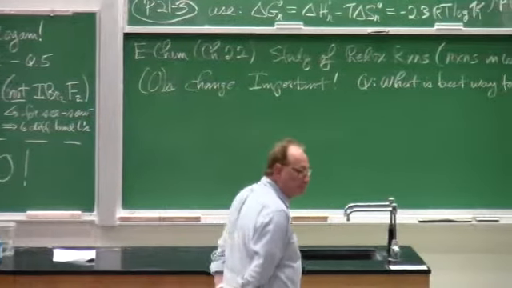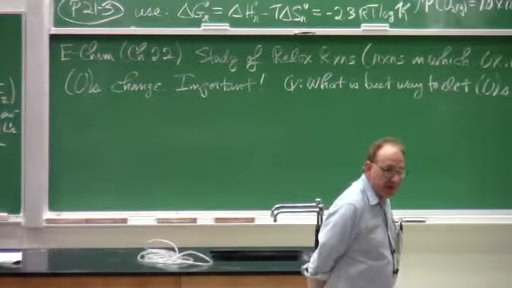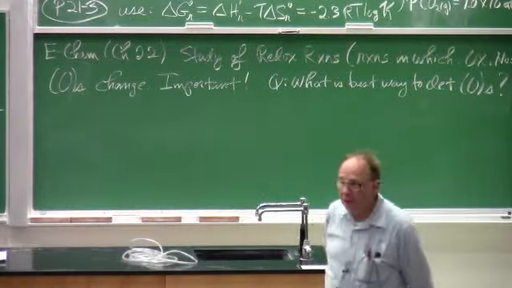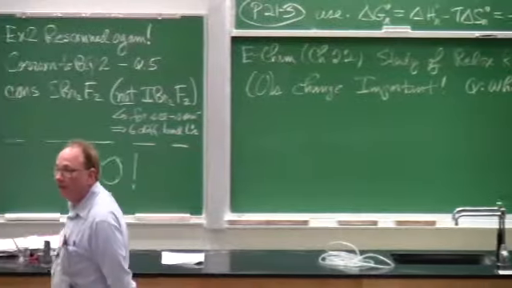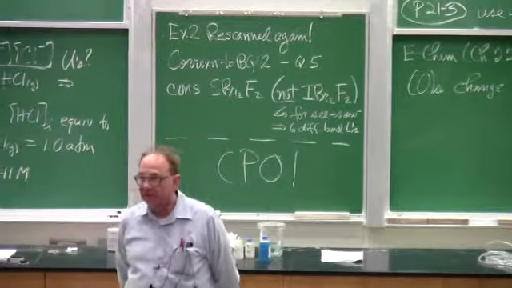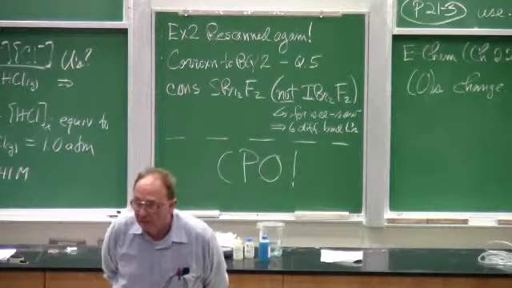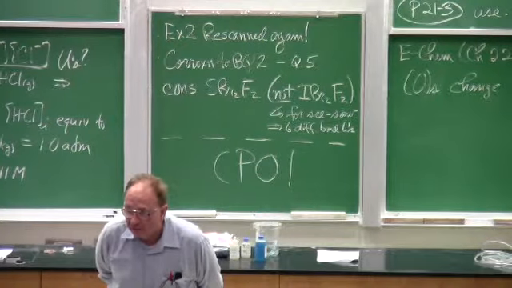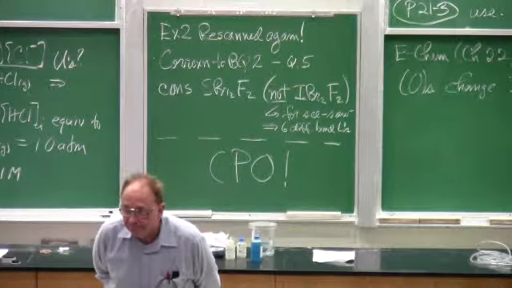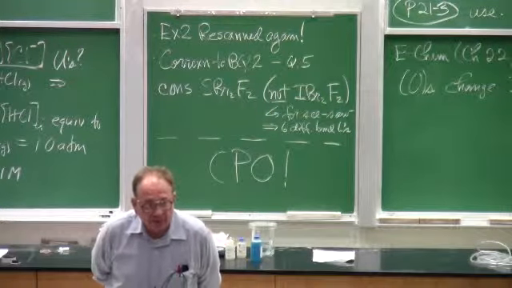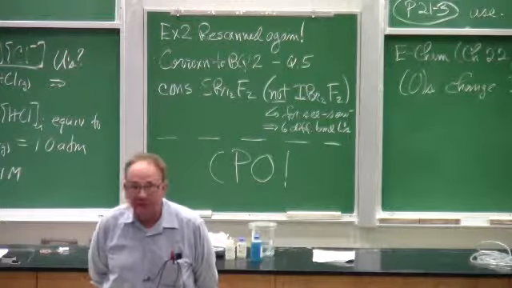The very best way by far, though, to get at oxidation numbers is to, A, recognize that they are based on relative, what? Relative what? Charge? Nope. On what atomic property? Electronegativity.